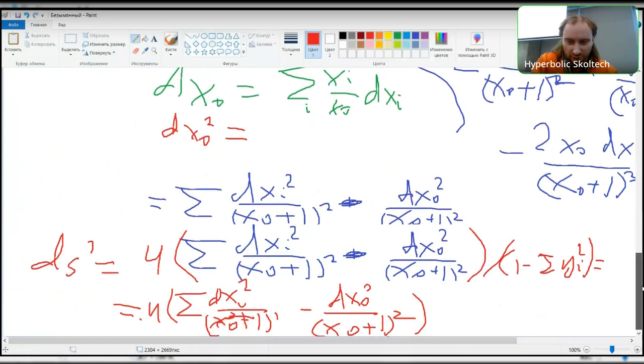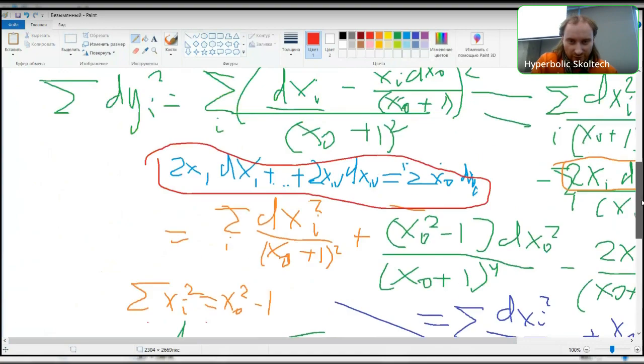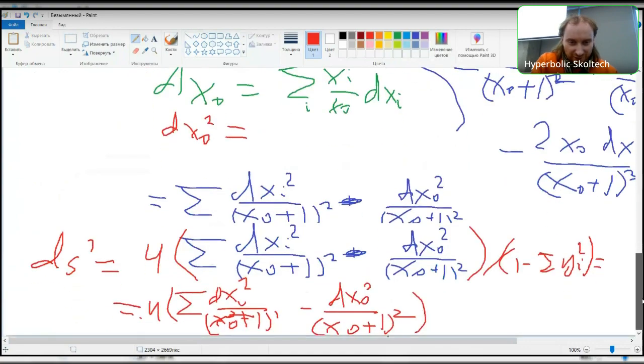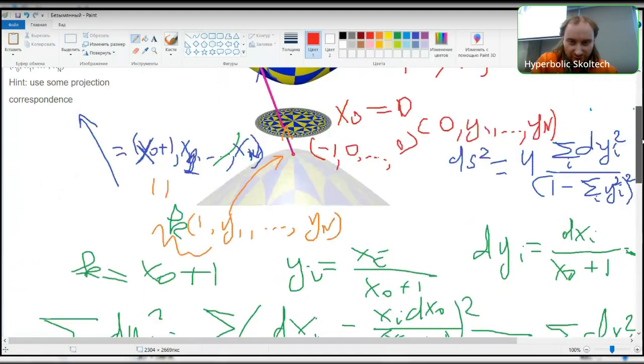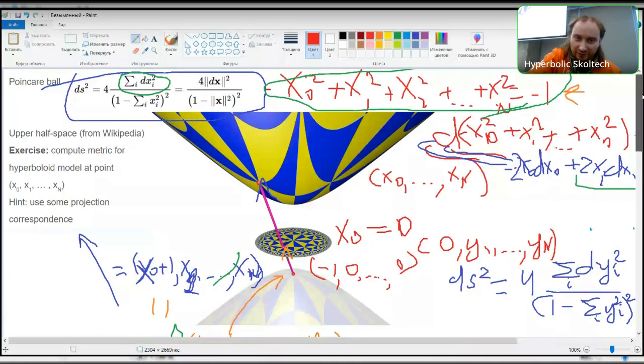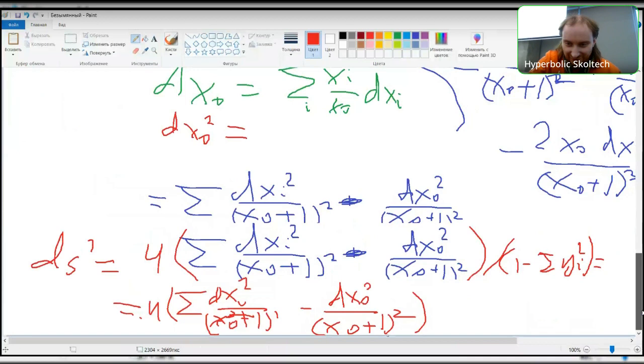Actually this metric should be, okay, then I just derived the Einstein metric, Minkowski metric, but I hope that I will derive the usual Euclidean metric.